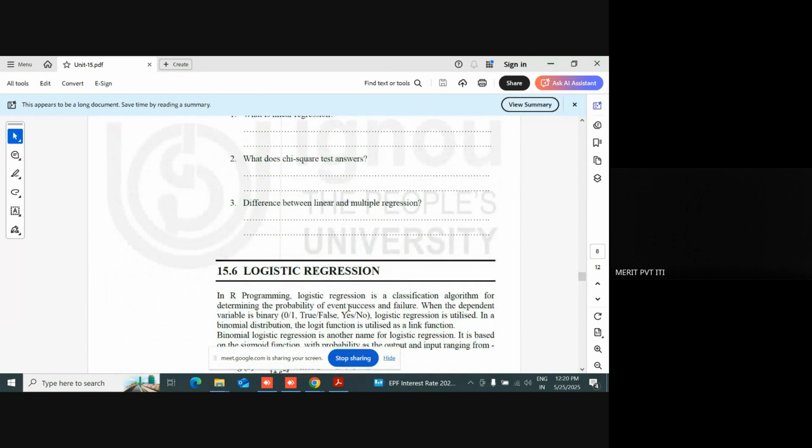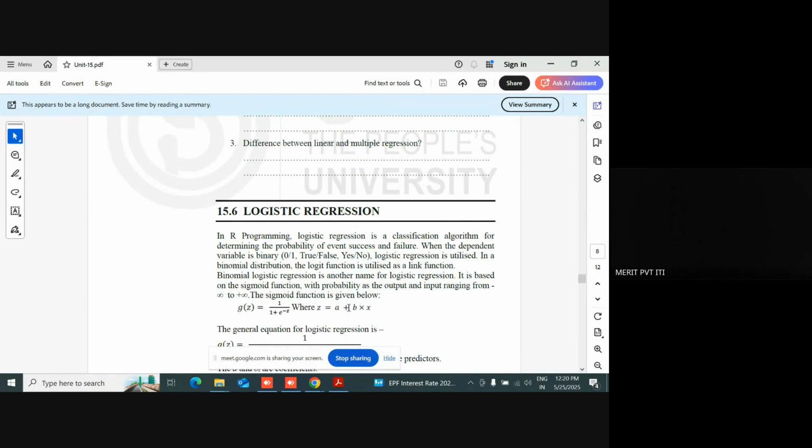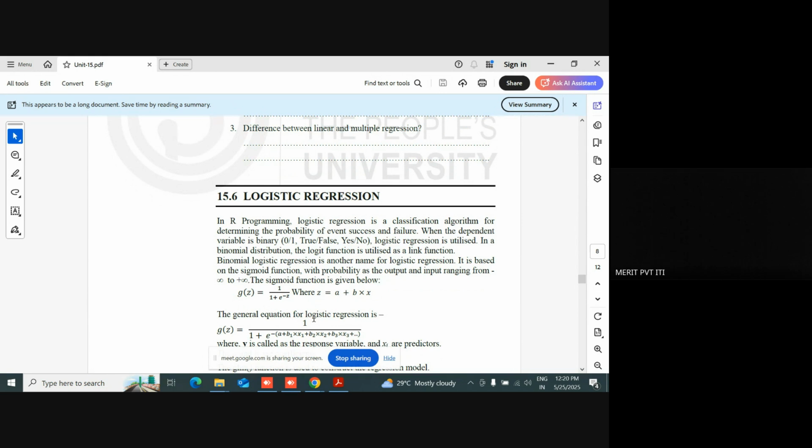Logistic regression. This is R programming. This is a logistic regression. g(z) is equal to 1 upon 1 plus e raised to power minus z, where z is equal to a plus bx.